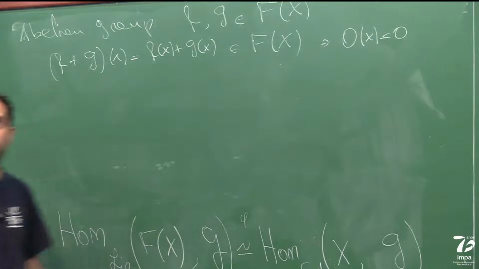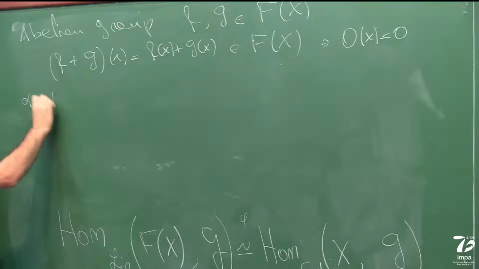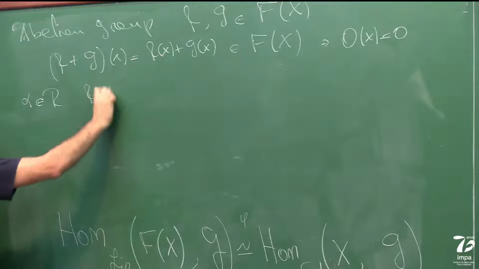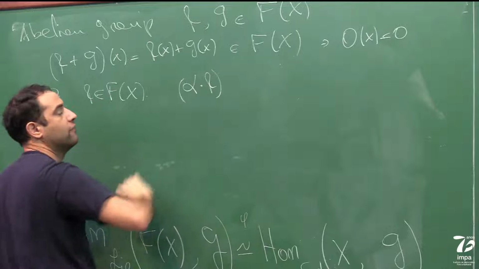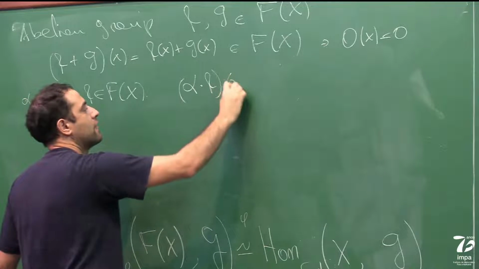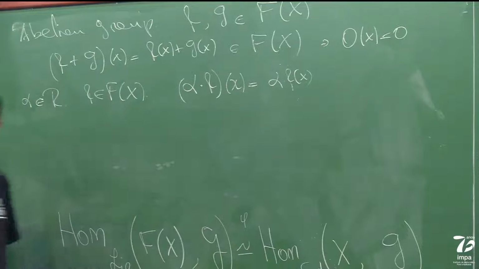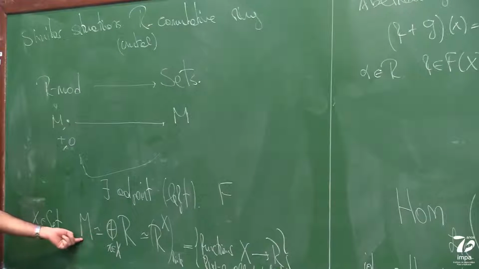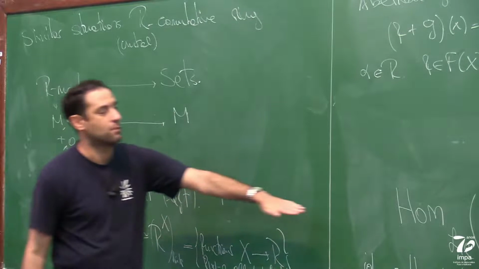This is the function in F of X which is the 0 element. And for the action of an element in the ring, if you give me alpha in R and f in F of X, then you just declare the action to be alpha f, which is the new element in F of X that evaluated at x is just alpha times f of x. The multiplication in R is what you're using. So that gives you a module, and now I need to check that this module satisfies this isomorphism here.